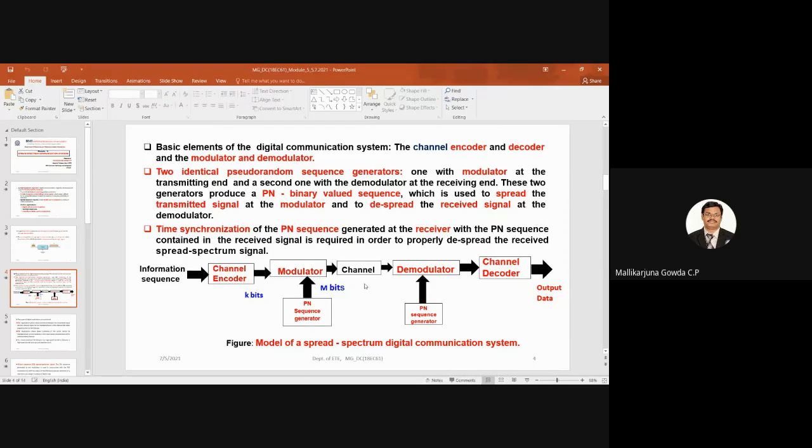Then only it is possible to properly despread the received spread spectrum signal. If there is no synchronization, then it fails. So first synchronization will be done and then the information will be transmitted by doing the modulation. That is what is happening here.